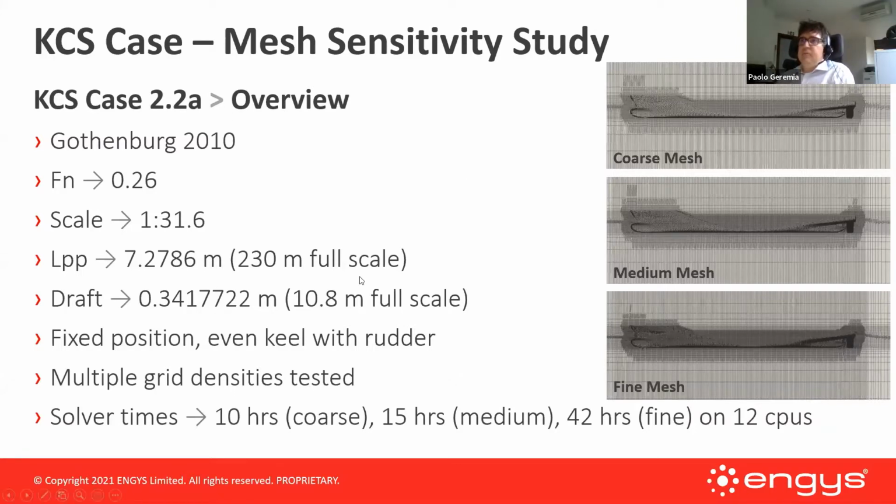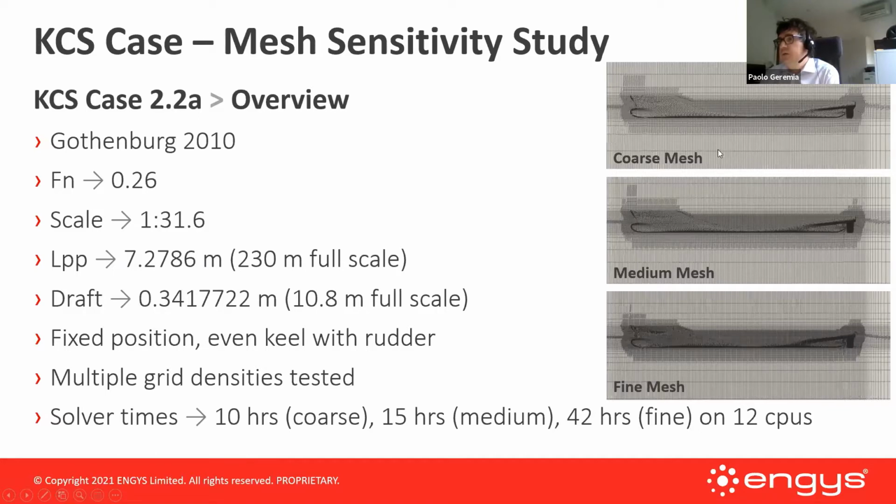And here the objective was to run a mesh sensitivity study in order to see how the AMR behaves. So you can see here the coarse and medium mesh after the AMR was applied. So you can see an extra refinement in the transom area and for the different grids here.